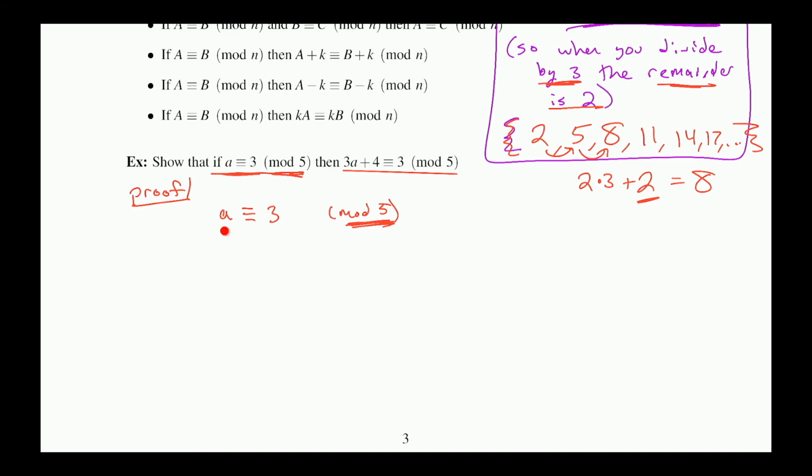So if you have a is congruent to 3 mod 5, and this is an equation, then how are we going to get to this? Well, let's multiply by 3, right? Because this is a and this is 3a. So let's look at our rules here and see if this is actually a rule. If a is congruent to b, then ka is congruent to kb. A normal algebra rule, right?